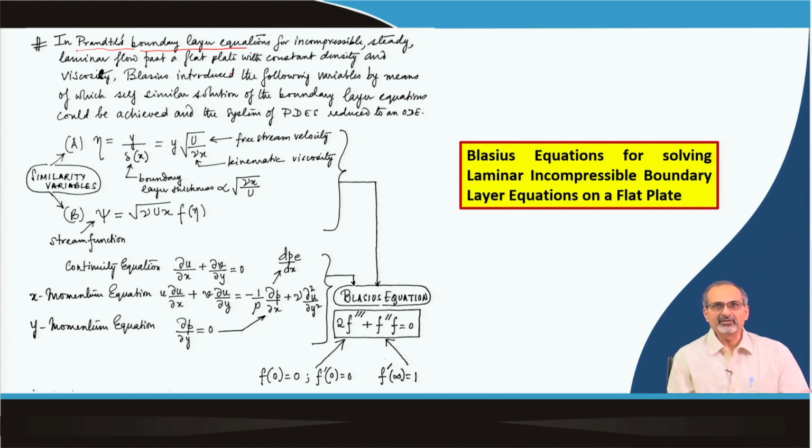So, Blasius introduced some similarity variables by means of which the self similar solution of the boundary layer equations was achieved, and this was transformational in the sense that this was a new technique introduced and it really changed the scenario of fluid mechanics.